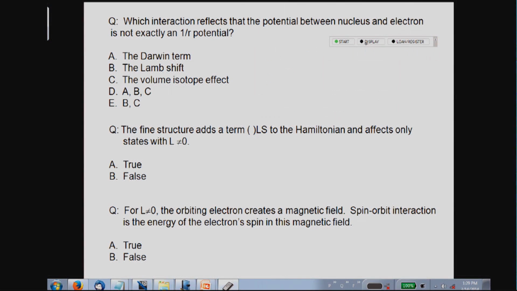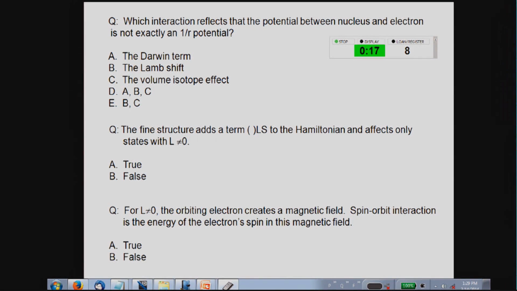Next question: for L equals 0, the orbiting electron creates a magnetic field, and spin-orbit interaction can be simply regarded as the energy of the electron's spin in this magnetic field.